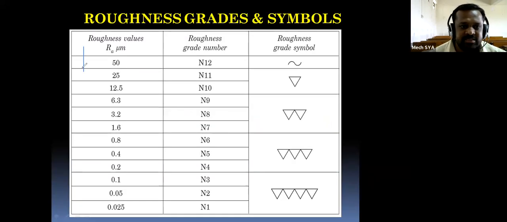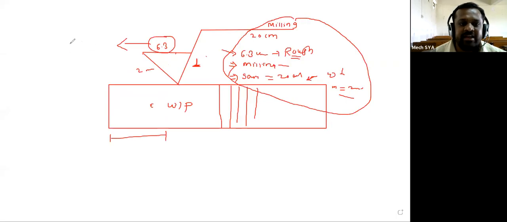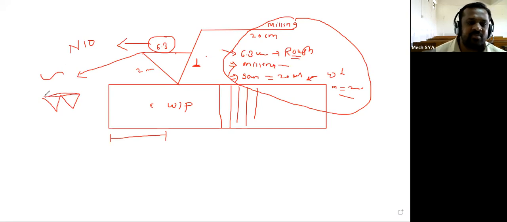For this surface roughness value there is a grade, and for this grade again there is a symbol. म्हणजे बघा प्रत्येक वेळी आपल्याला त्या ठिकाणी ते व्हॅल्यू देणार नाही, काय ग्रेड देतील like this N10, किंवा काय वेळेस ते आपल्याला सिम्बॉल देतील like this symbol. For this purpose we should know the surface roughness grade chart.